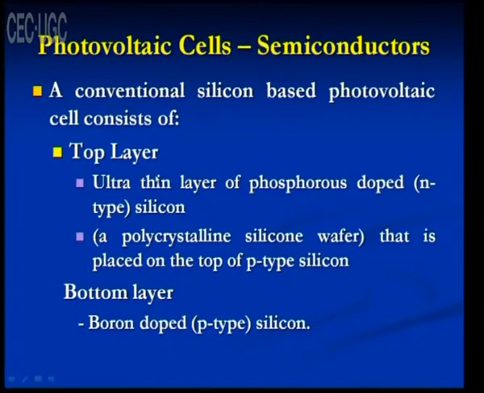Whereas the bottom layer of the system consists of boron doped silicon, which is the P-type. So, you have the N-type conducting material at the top layer and the P-type silicon in the bottom layer to do their functions.